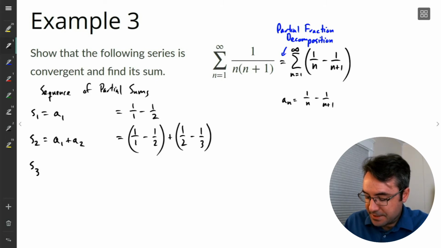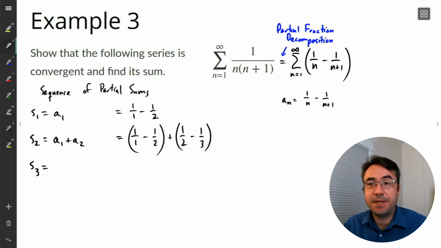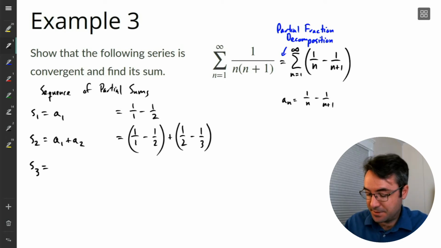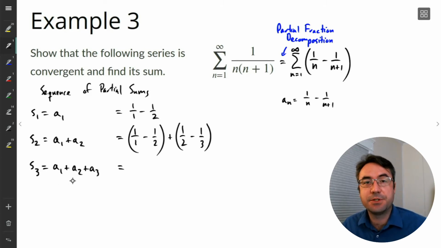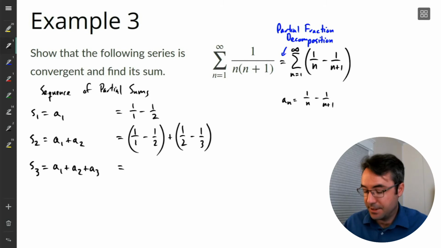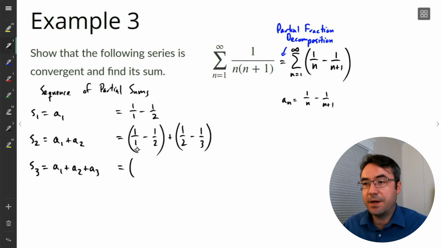Now let's look at S sub 3, and this is where we take the first three terms. So a1 plus a2 plus a3, taking the first three terms of our original sequence and adding them together. So let's do it. We already know what a1 and a2 are, so let's just rewrite those.